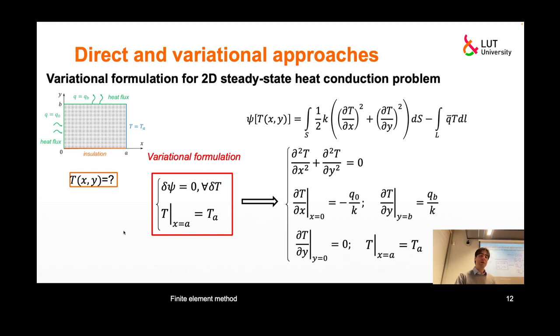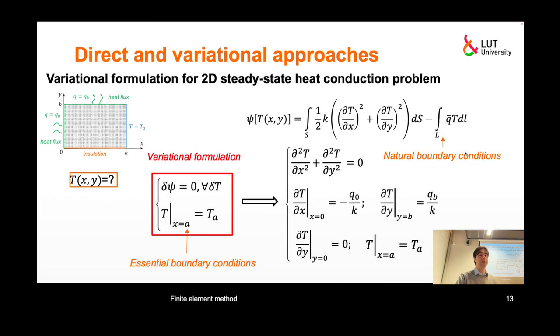So this one in the box yields this set of equations. And this on the right hand side of our slide, this is exactly the statement of strong formulation of our heat conduction problem. We discussed it previously. So it goes also in the opposite direction. So those are equivalent mathematically.